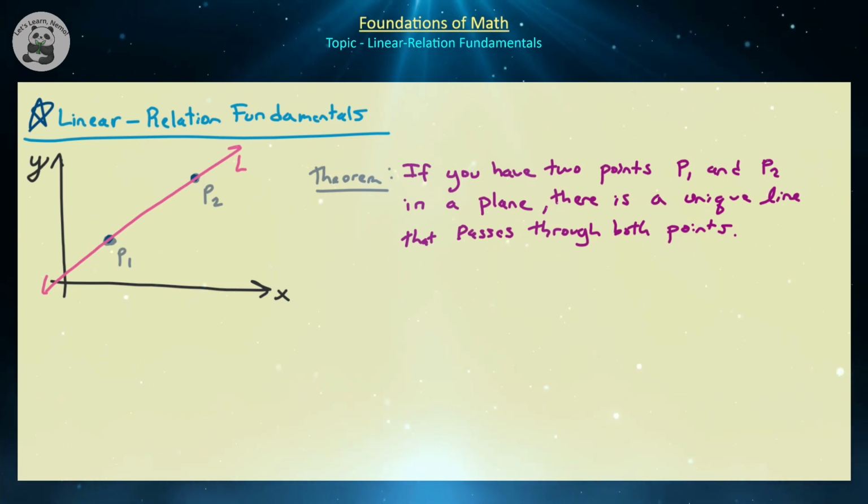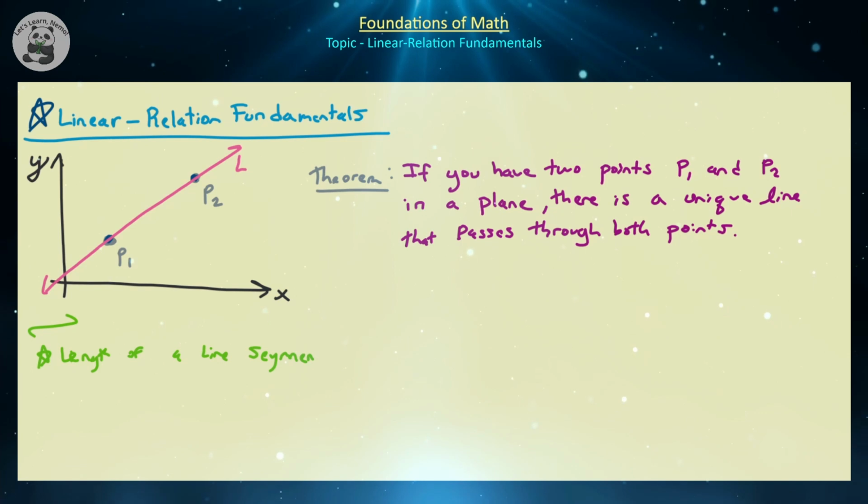So a couple of basic calculation things that you definitely should be able to do before we get into the more sophisticated applications of lines. The first of them will be the length of a line segment, which is sometimes also viewed as the distance between 2 points.